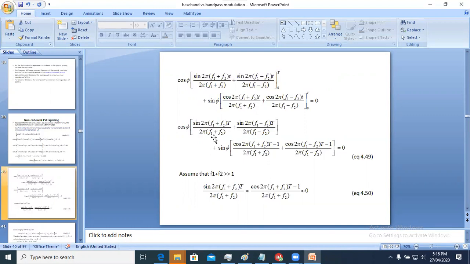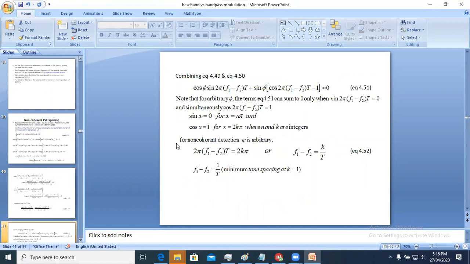We multiply both sides by 2 pi (f1 minus f2). So the simplified relationship we got is cosine phi sine 2 pi (f1 minus f2)t and sine phi cos 2 pi (f1 minus f2)t minus 1 is approximately 0.